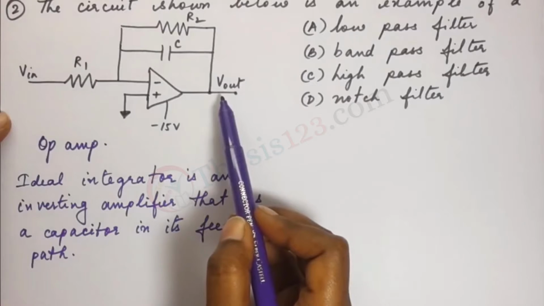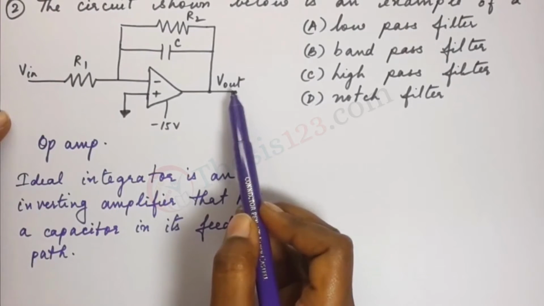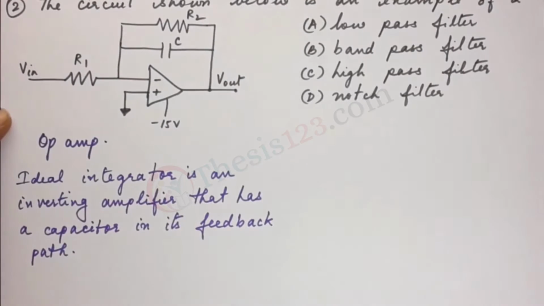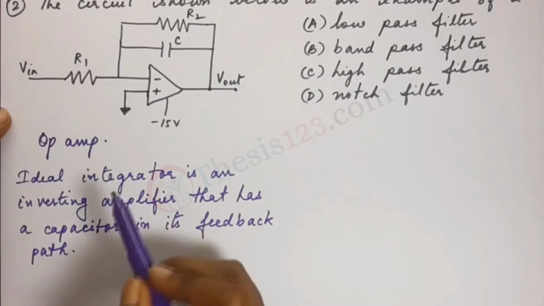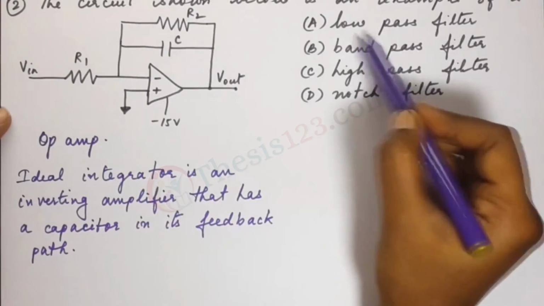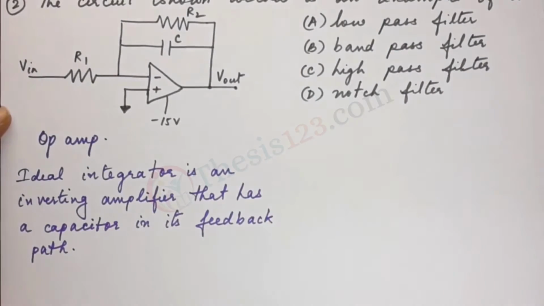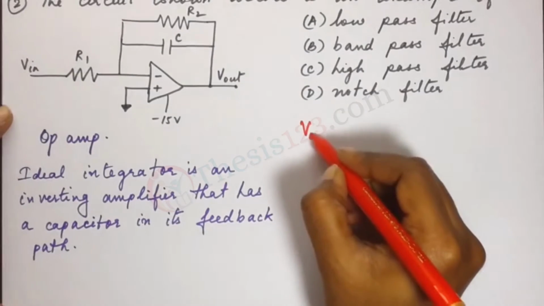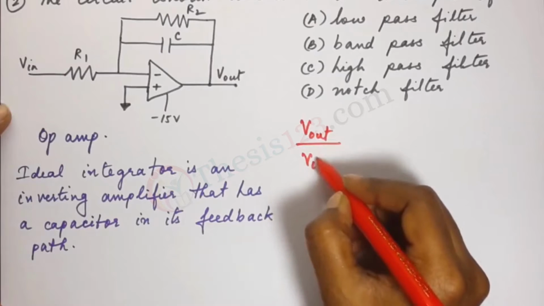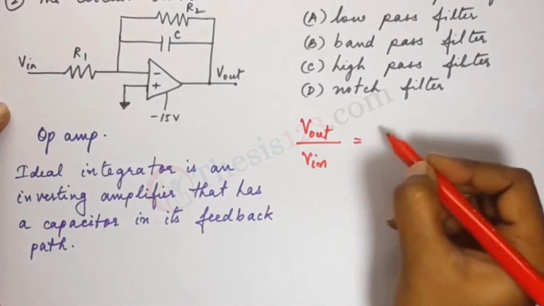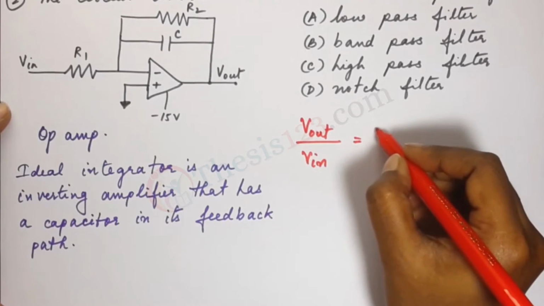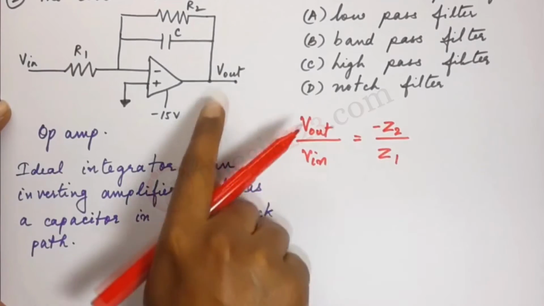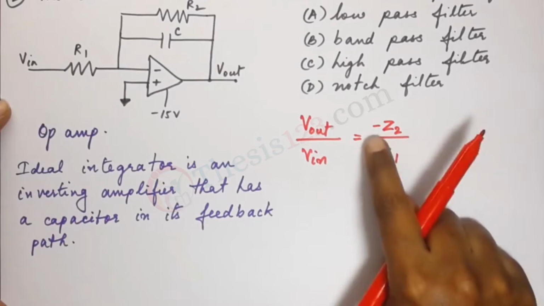So the next step is to see what the ratio of the output to the input is. Now if the output to the input indicates that it is indeed an integrator, then that will tell you that it would be a low pass filter. So let's just check that out now. Let's look at the ratio of V out to V in. Let's note that down as Z2 by Z1. Now because there is a feedback path, I'm including that as a negative.